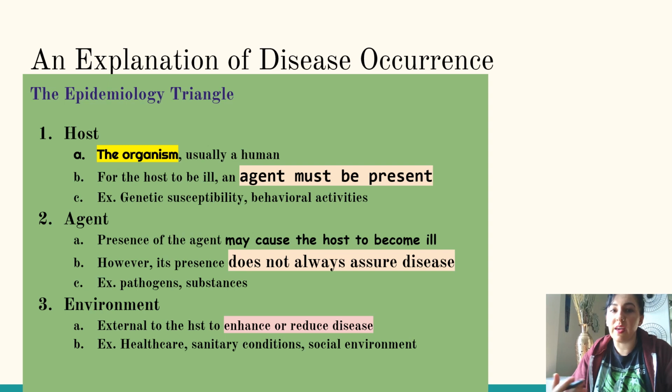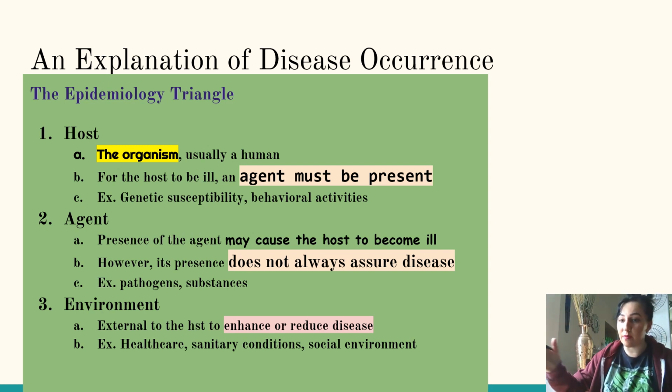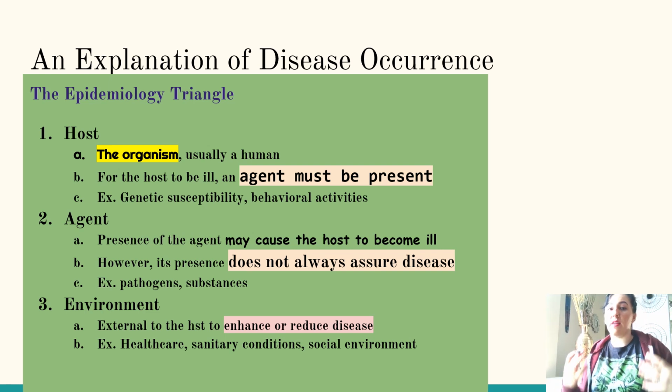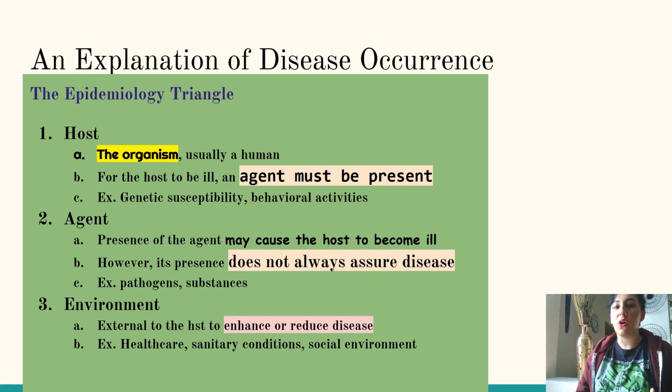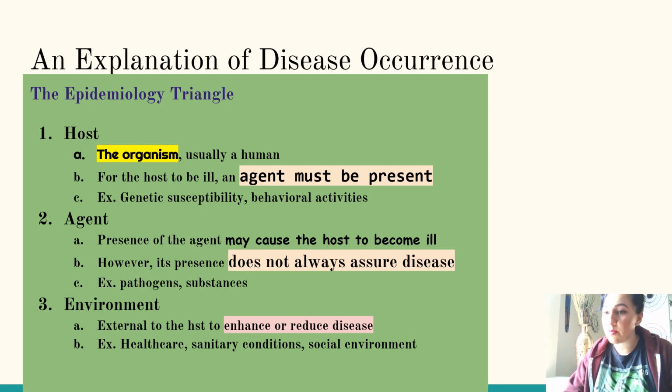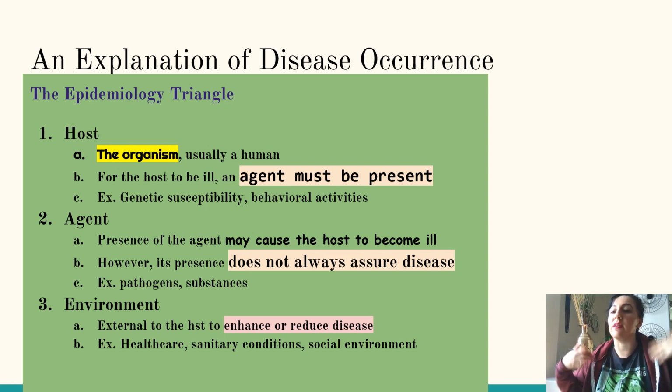It might not do anything to the host, and it could be a result of the environment that the host is in. Maybe there's nothing that's going to trigger that host to react to that agent in the environment. Or it could just be genetic factors or any kind of behavioral activities that may not trigger the agent to make the host sick, right?